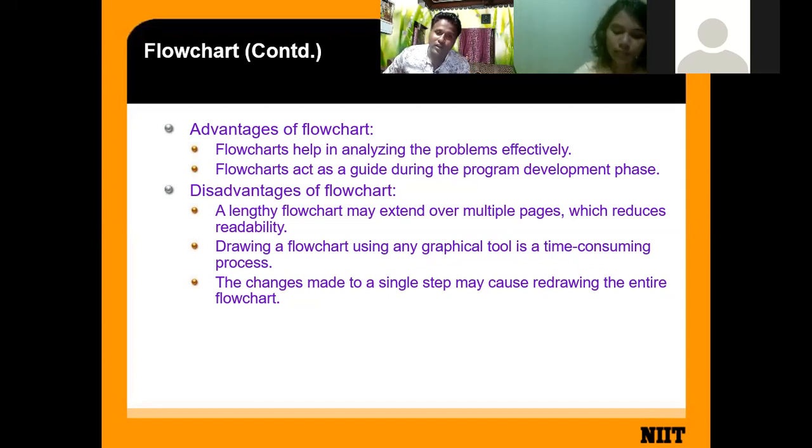And if you make any change in a single step of the flowchart, you have to redraw the entire flowchart again. That is the disadvantage. When we write a sentence and make a mistake in a word, we give one straight line and write over there. But if your diagram is incorrect, you cannot just strike it; you have to completely remove it with the eraser and draw it again. So that is the disadvantage of the flowchart.